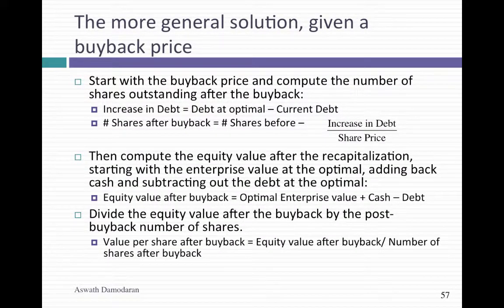Now, there's a general solution. Here's the general scenario. What you do here is look at the division of the spoils between those who sell their shares and those who decide to stay as stockholders.